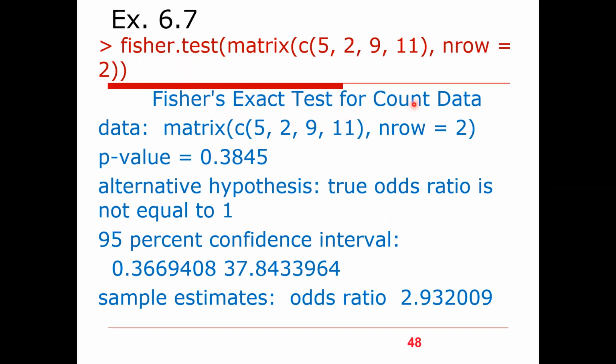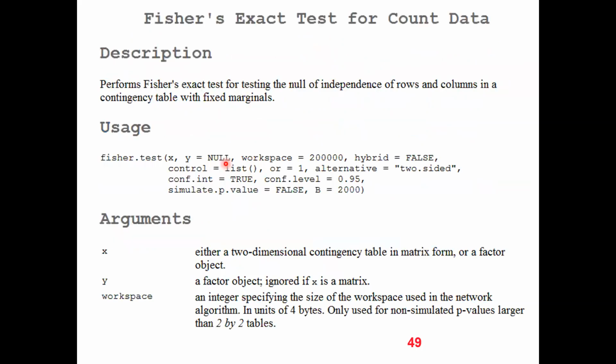This test is for count data. So if we use R, we input that table, the 4-cell matrix in the order of A, B, C, and D, as a numeric vector, and we define the number of rows as 2, and it will give us the p-value.